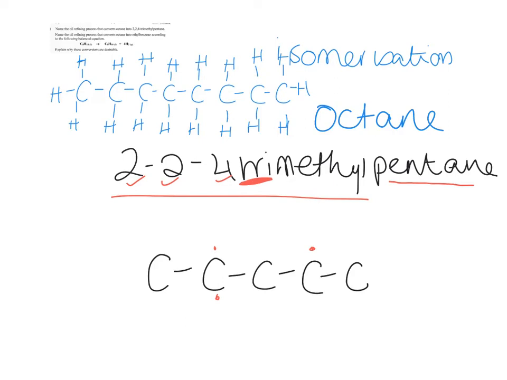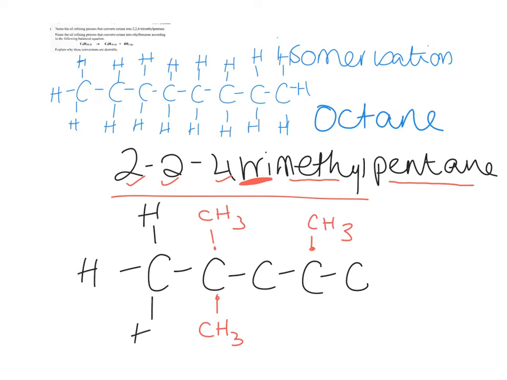And what that is, it's a methyl branch. So our methyl branch is just a CH3. And don't forget, it's bonded directly to the carbon. And now we fill in our hydrogens. 1, 2, 3, and making sure each of them have 4 bonds.